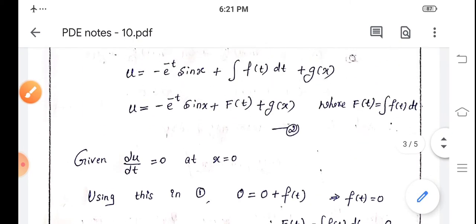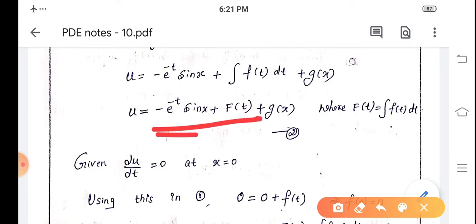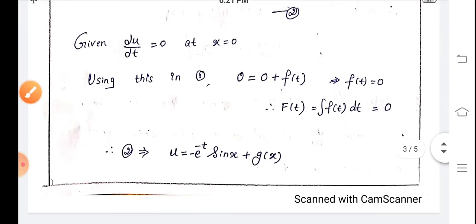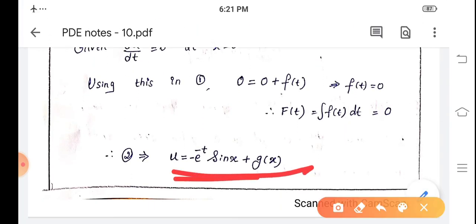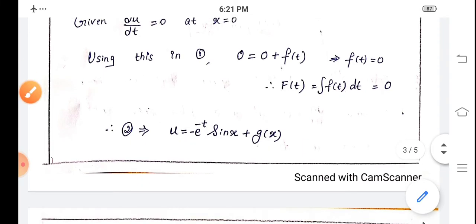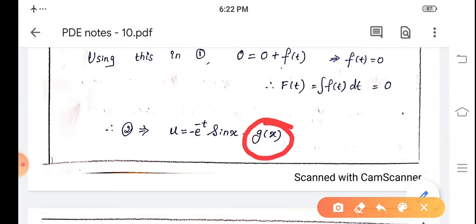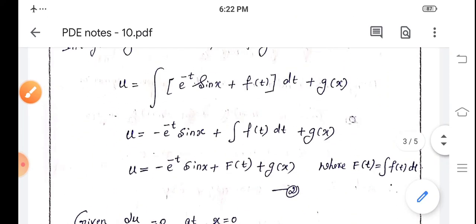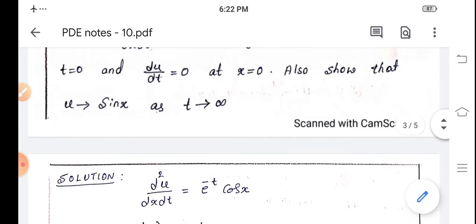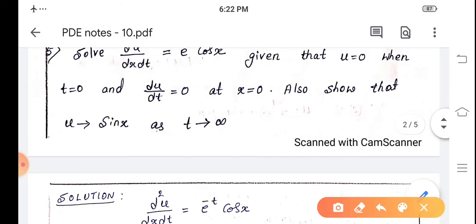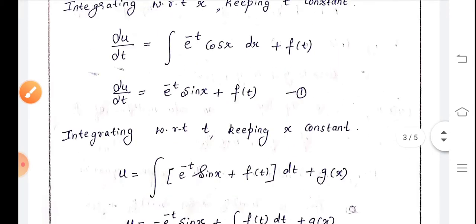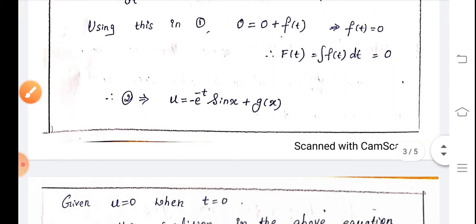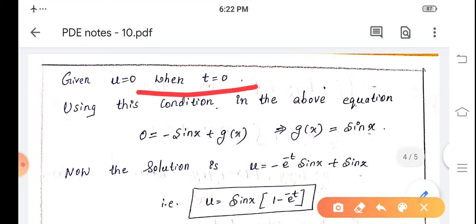Then we substitute this in equation 2. We write u = -e^(-t) sin x + g(x). Here we can find the g(x) value by using the next condition. The given condition is u = 0 when t = 0.